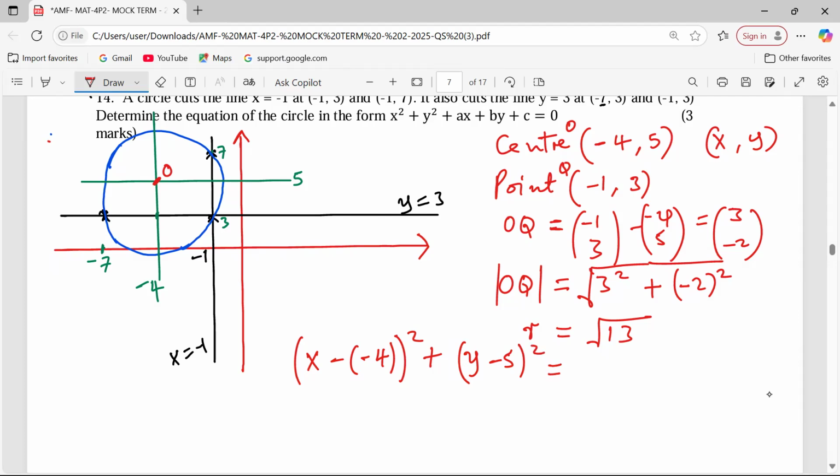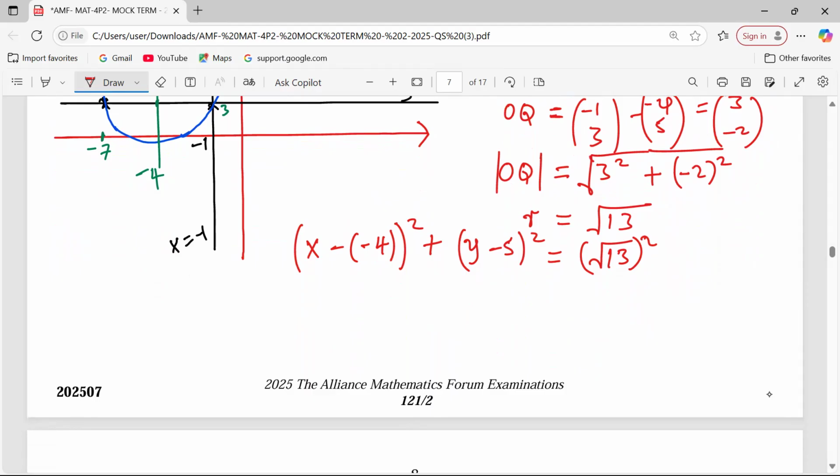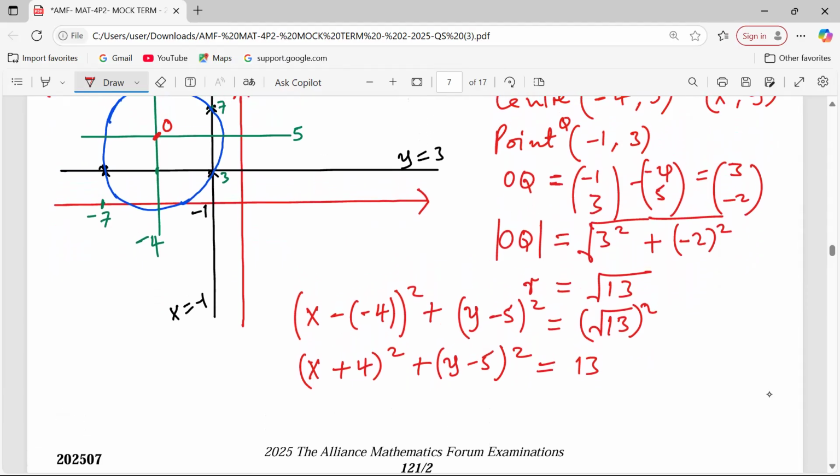I'm supposed to get the radius squared, root 13 squared. So because of this, we can say x plus 4 squared plus y minus 5 squared equals 13, because root 13 squared becomes 13.